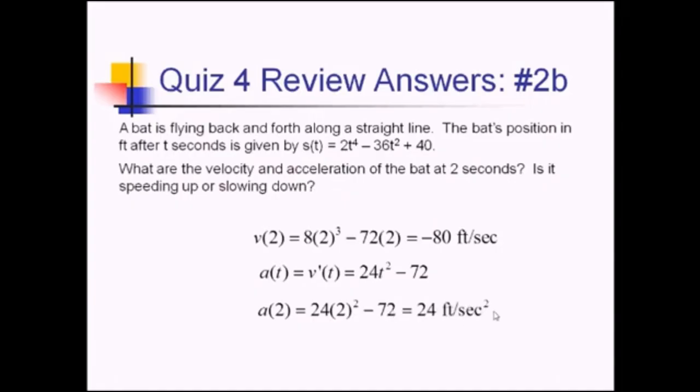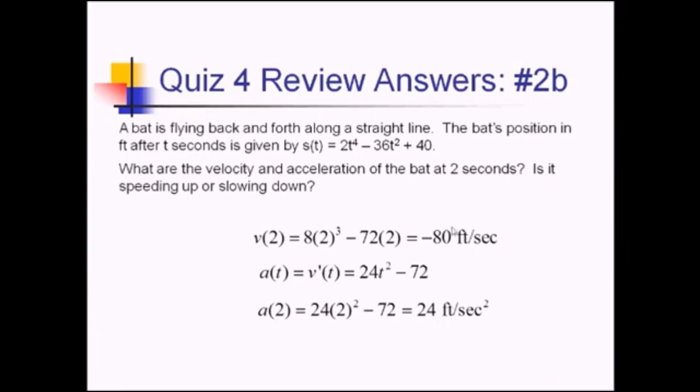And now the question is, is our bat speeding up or slowing down? So for this, you have to consider both the velocity and the acceleration. In general, if the velocity and the acceleration have the same sign so that they are working together, we would say the object is speeding up. If, like in this situation, the velocity and the acceleration have opposite signs, then they're working against each other.